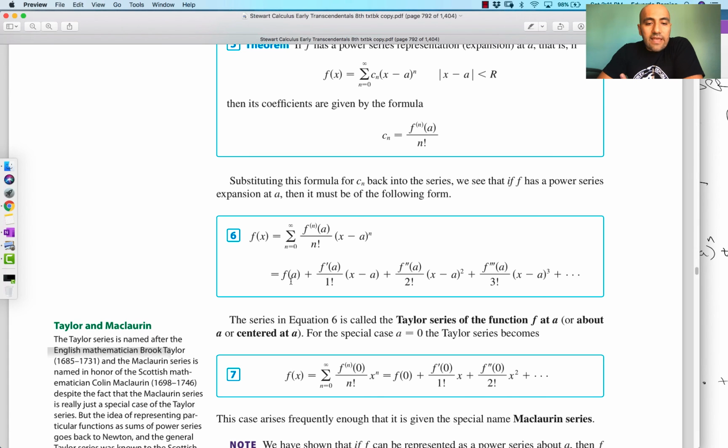So the first term is f of a plus f prime of a, so the first derivative of the function evaluated at a divided by 1 factorial, x minus a to the power of 1, plus the second derivative of our function evaluated at a divided by 2 factorial times x minus a squared, plus the third derivative evaluated at a over 3 factorial x minus a to the third power, and so on and so forth. That's exactly what I just wrote.